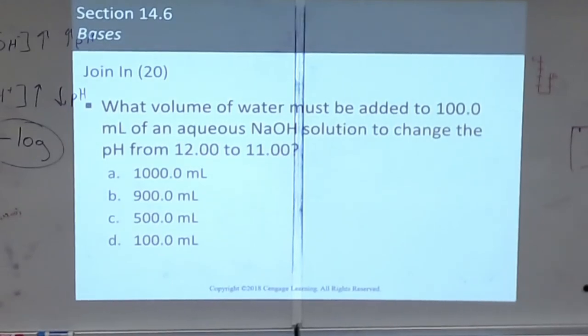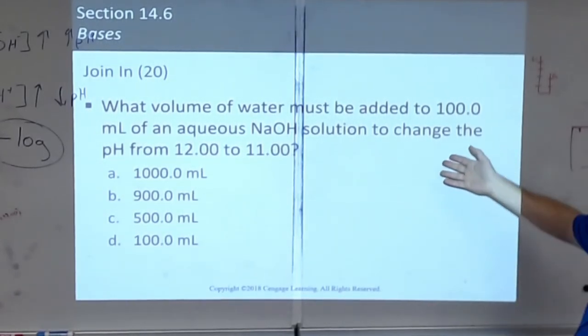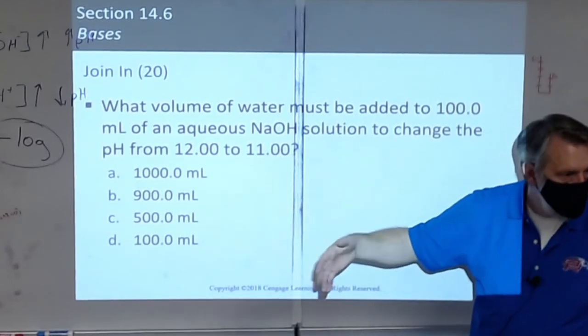What's the answer? Everybody got B, right? Because the question says how much to add. We have a question similar to this that the students struggle with every year. It says add because we're doing solutions and acids and bases.